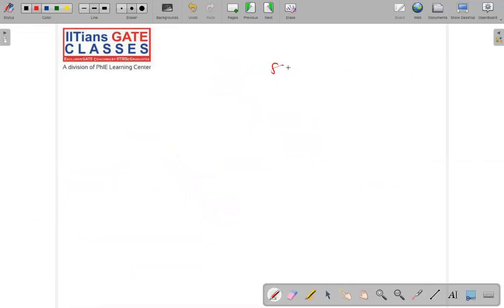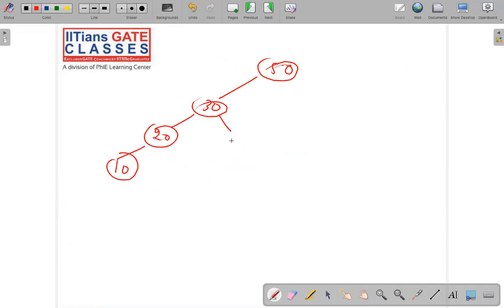Now let's write one more example, 50 and 30 here, 20 here, 10 here, and we have nothing here. Here we have like 70, 60, 80. Okay, so this is our tree now. So what is the balance factor here? Now let's calculate it.